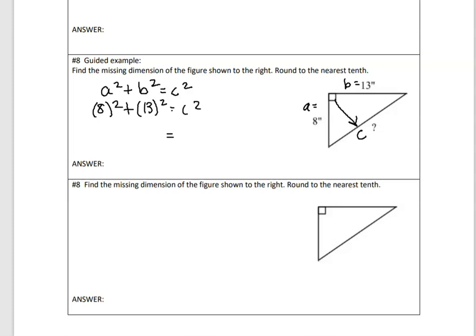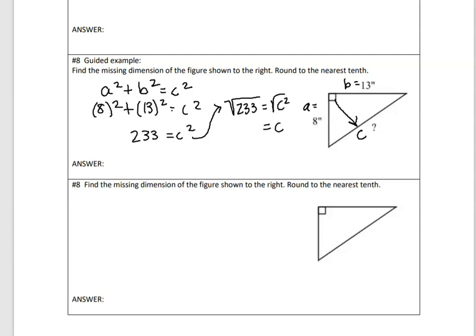So I'm going to do 8 squared plus 13 squared, okay, and that's getting me 233 is equal to C squared. Now I want to know what C is, not C squared. So to get rid of a square, you have to take the square root. So we're actually going to take the square root of both sides, so square root of 233, and take the square root of C squared.